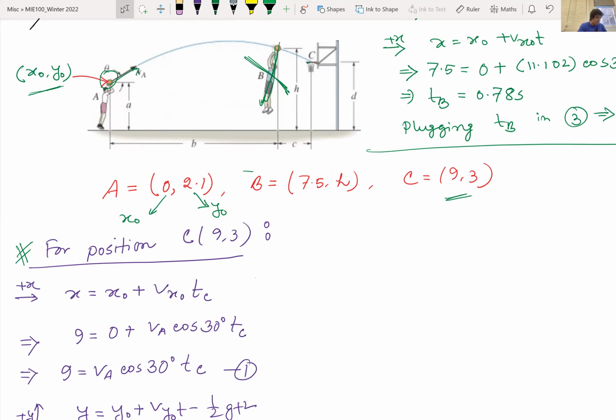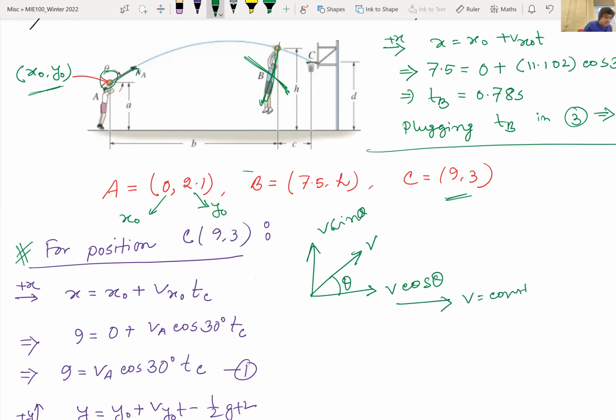Let's try to apply the projectile motion in x direction, just as we have seen before for constant velocity. If it is v, it is v cos theta, and this is v sin theta, right? And if you are shooting at an angle theta, for our x motion we can consider that v is constant.